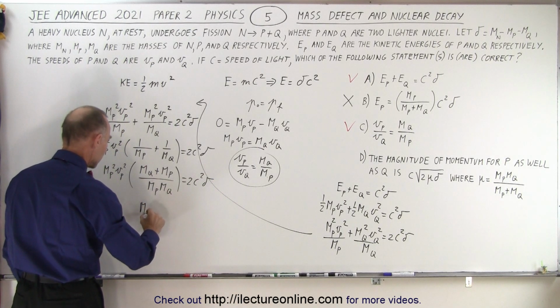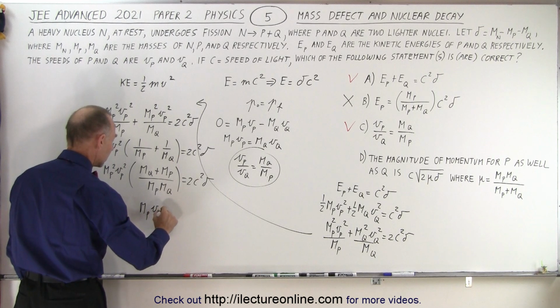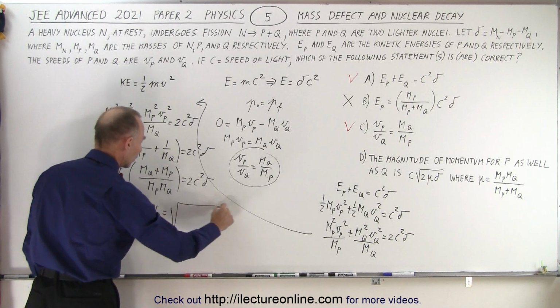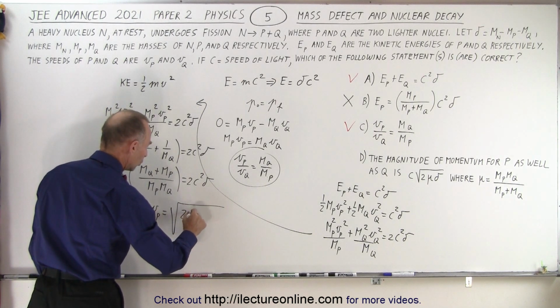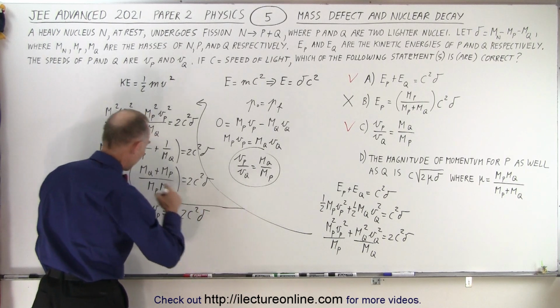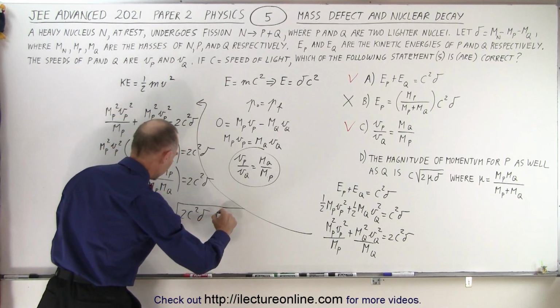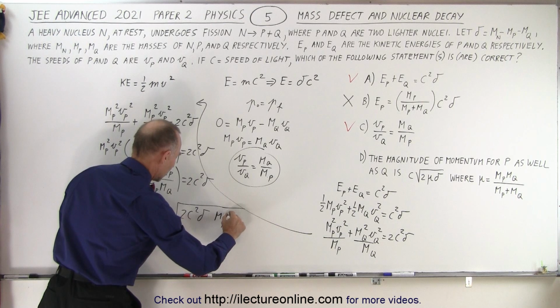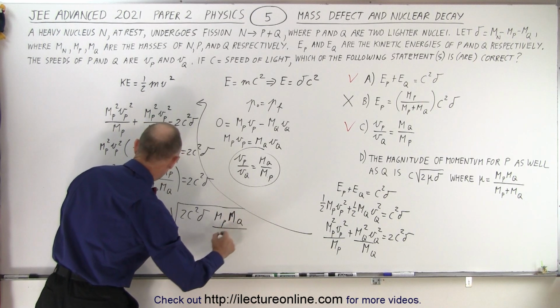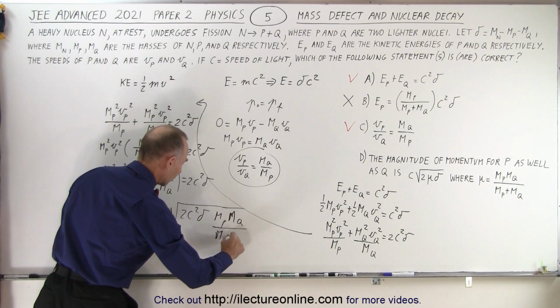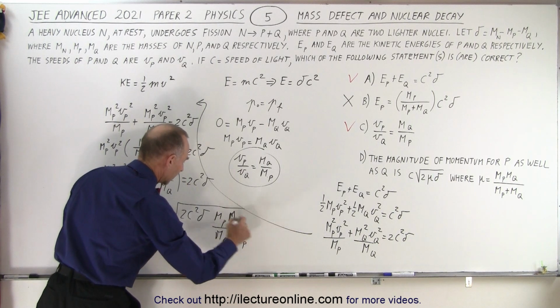I can say mp vp is equal to the square root of 2c squared delta times the inverse of that, which is mp mq divided by mq plus mp, like this.